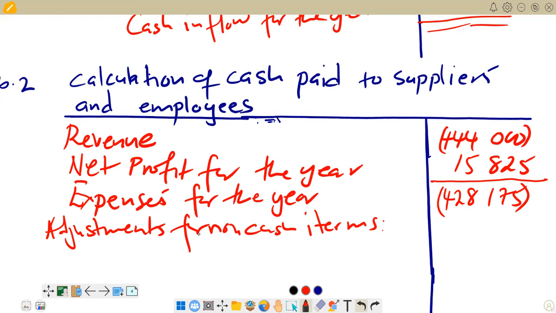We know that these figures, we are going to adjust them in the statement of cash flow. They are going to be adjusted in the next statement of cash flow. So we are going to remove them here when we are calculating cash paid to suppliers. We are going to remove them.